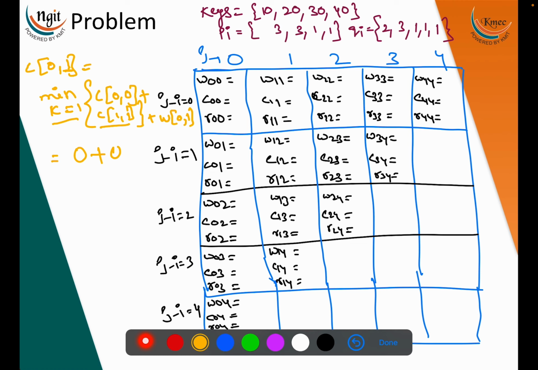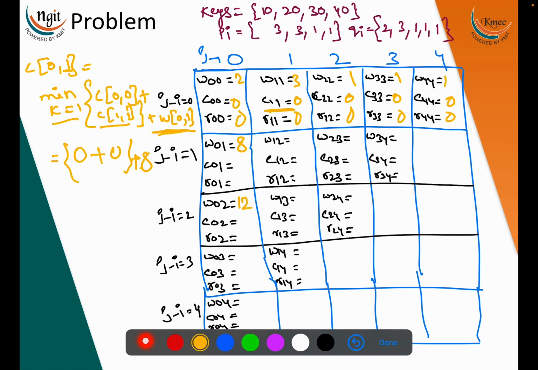That is the reason you need these values to know. So C11 is 0. I wrote C11 is 0, plus W01. W01 is what? 8.